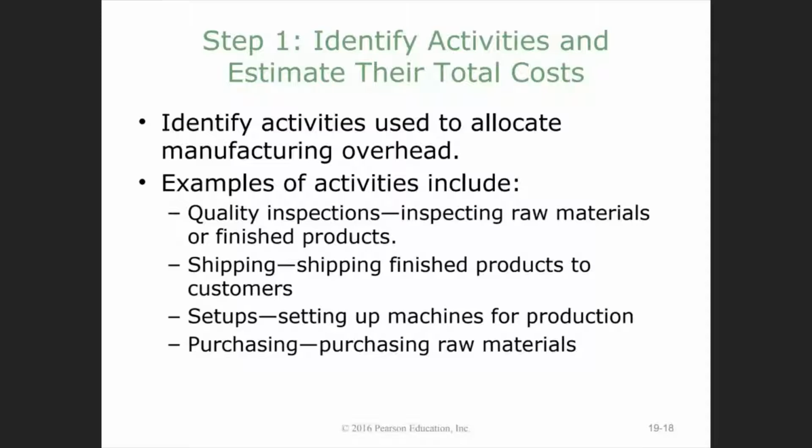So step 1, identify activities and estimate their total cost. We're identifying activities used to allocate manufacturing overhead, and some examples of those activities include quality inspections, which is inspecting raw materials or finished products; shipping, where we ship finished products to customers; setups, where we're setting up machines for production; and purchasing, where we're purchasing raw materials.